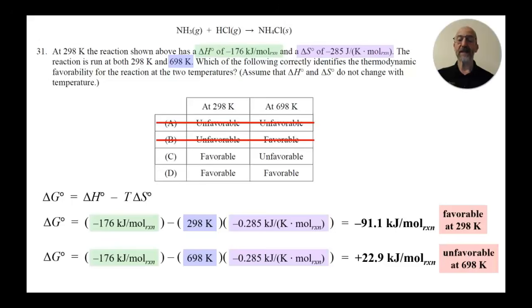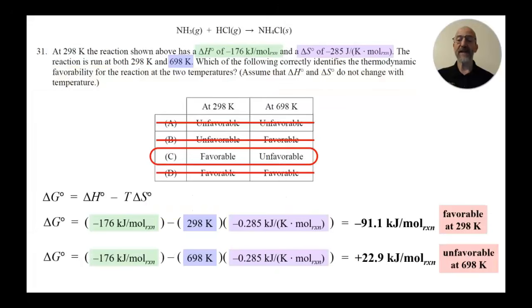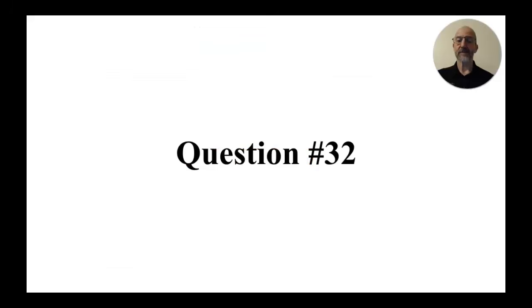So I can eliminate choice D. Now, this happens sometimes when you're analyzing the delta H and the delta S. So if both delta H and delta S are negative, then the reaction might be favored at low temperatures, but then unfavorable at high temperatures. And that's what we see here. So the correct answer to question 31 is choice C, favorable at 298 Kelvin, but unfavorable at 698 Kelvin.